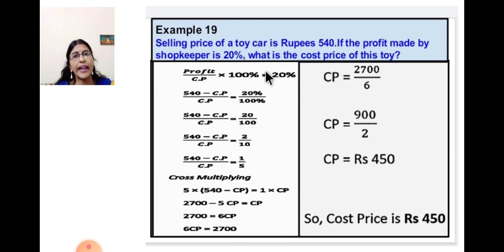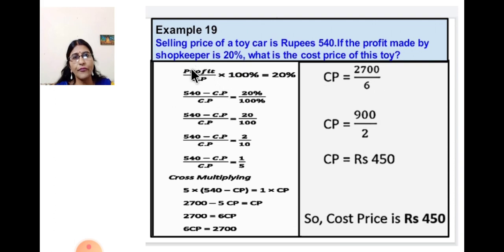So we are going to write the formula for profit percent, because here profit percent is given. So the formula is profit upon CP into 100%, that is equal to 20%, because profit percent is 20%. Now here profit is equal to, as you know, profit is equal to SP minus CP. And SP is given here, SP is 540. So what we'll do, we'll write 540 minus CP.